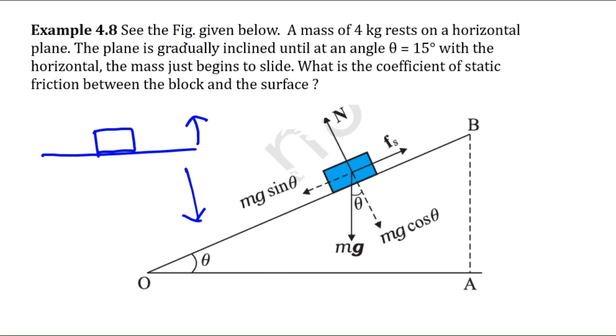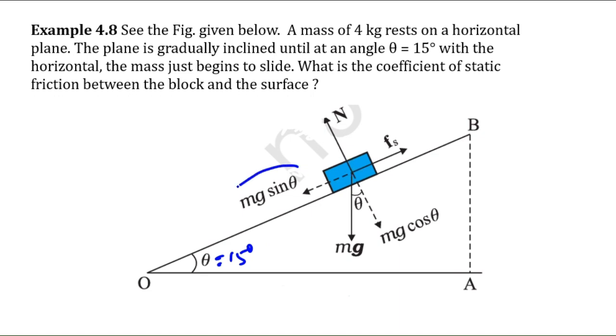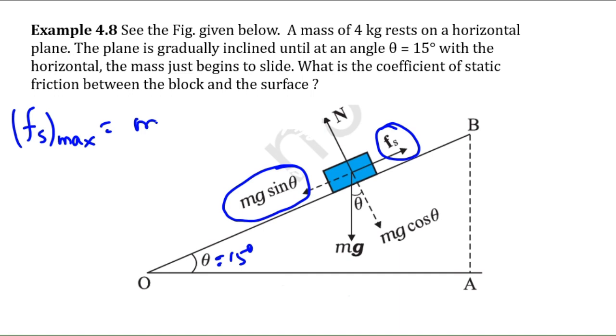That is, at this certain angle, theta equals 15 degrees, it just starts to slide. That is, this force is equal to the limiting value of static friction. So F max equals mg sine theta.